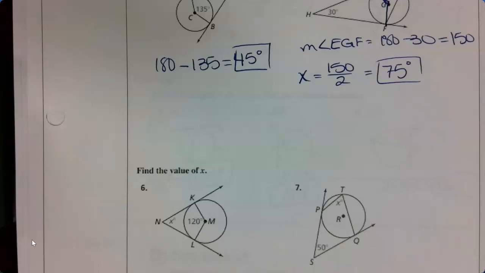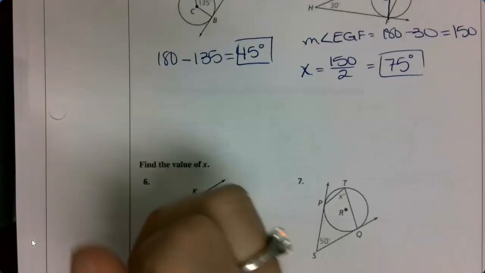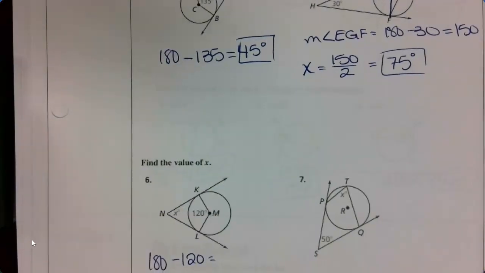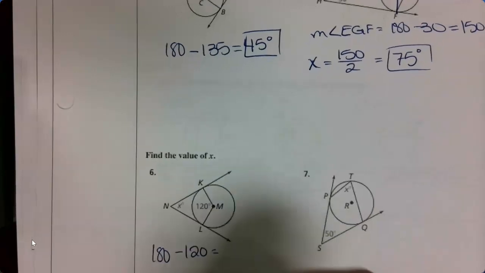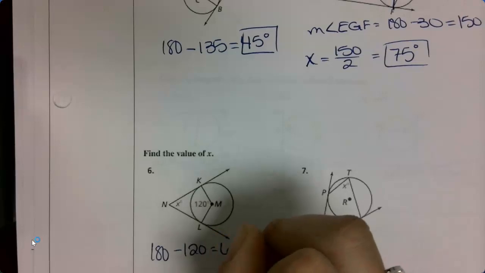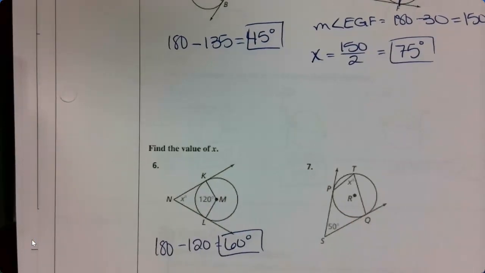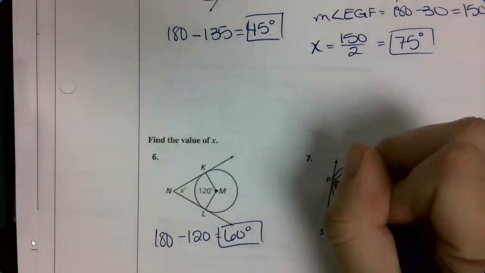Okay. Number 6 is touching a central angle, so I can just do 180 minus 120. Which gets us 60. Number 7 is an inscribed angle, so I need to first find my central angle.